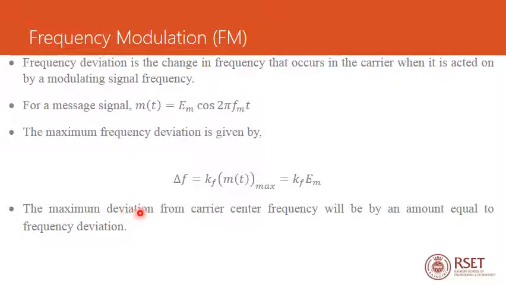So the maximum deviation from the carrier center frequency will be an amount equal to the frequency deviation, kf Em, where Em represents the maximum swing or amplitude of the modulating signal. So Δf = kf Em represents the maximum deviation from the carrier center frequency.